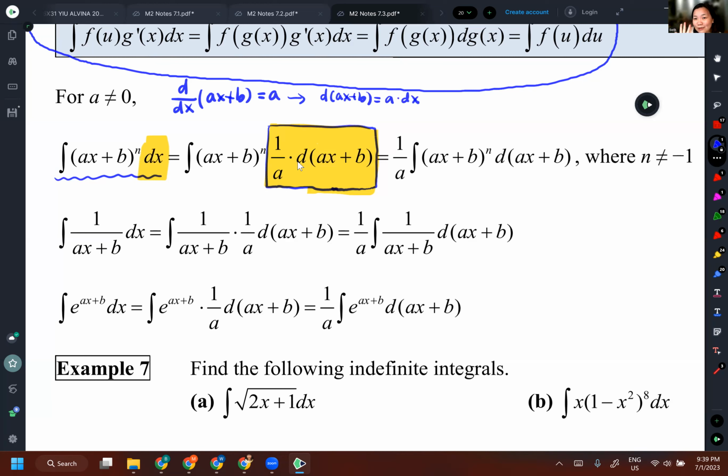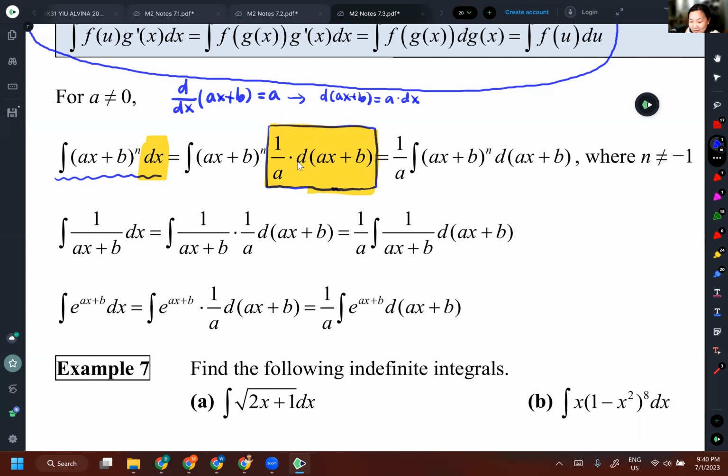Maybe you just need to agree with me and move on. Not completely understand, that's okay, but you agree with me. We will multiply a and divide a, and we will add b without doing anything. We just add b. Later on, if I need to subtract, I will also subtract without doing any compensation, because there is no need.